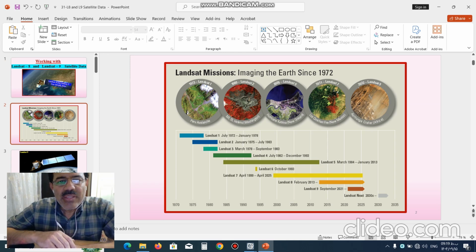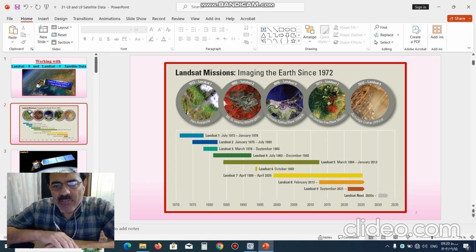This slide is showing the Landsat missions from Landsat 1 to Landsat 9, and in this session we emphasize Landsat 8 and Landsat 9.